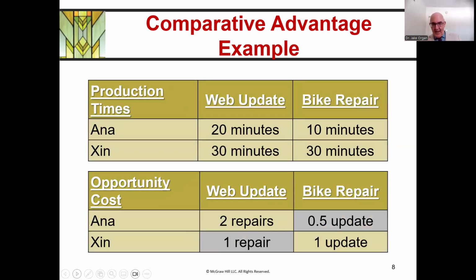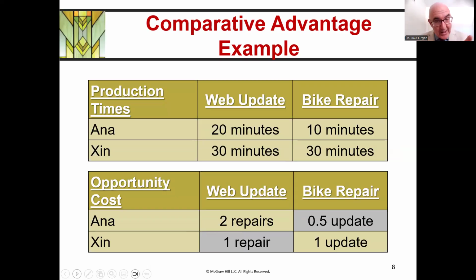So if you look at this opportunity cost box, we can see that for each web update, Anna's giving up 2 repairs.